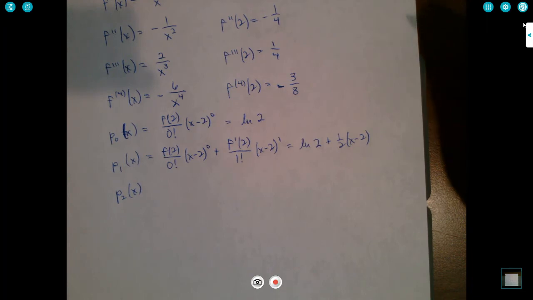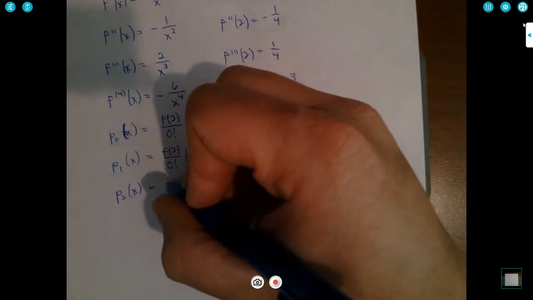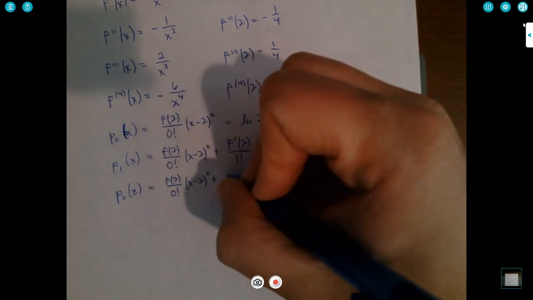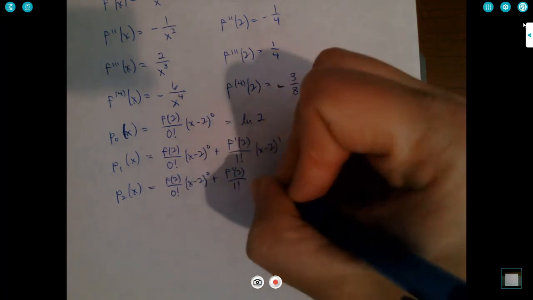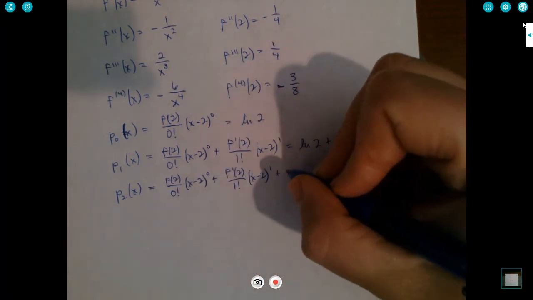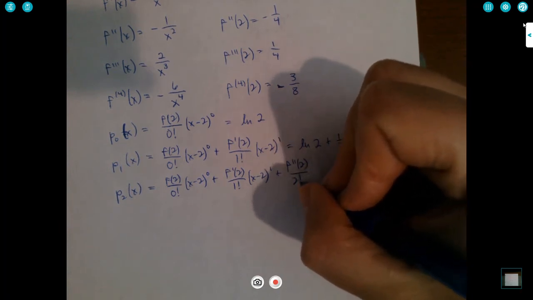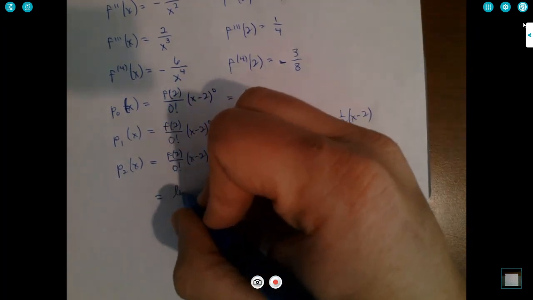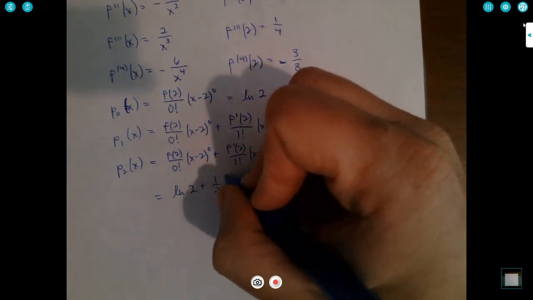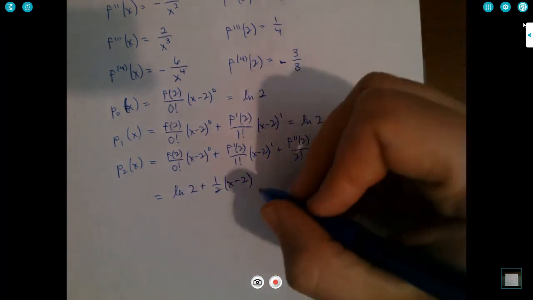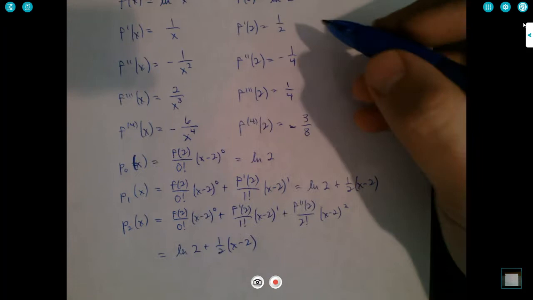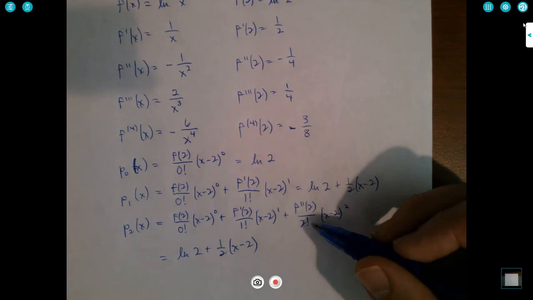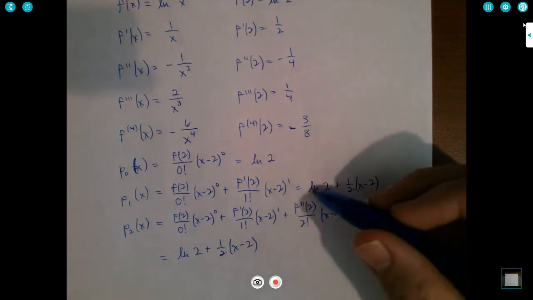Okay. The second Taylor polynomial is going to be f of 2 over 0 factorial times x minus 2 to the 0 plus f prime of 2 over 1 factorial times x minus 2 to the first plus f double prime of 2 over 2 factorial times x minus 2 squared. That's going to come out to ln 2 plus 1/2 times x minus 2. f double prime of 2 is negative 1/4, and negative 1/4 times 1 over 2 factorial.